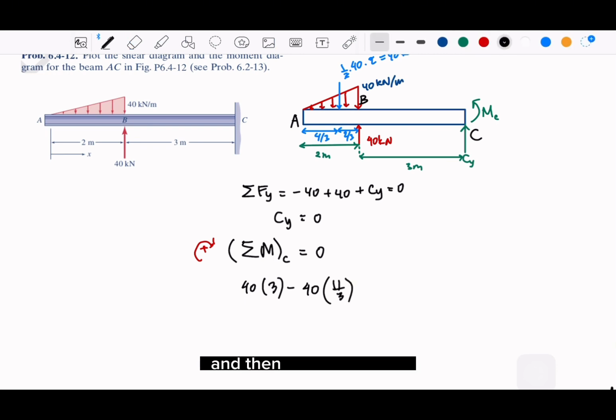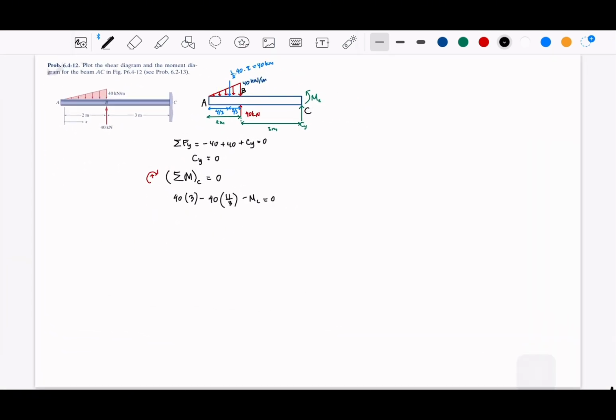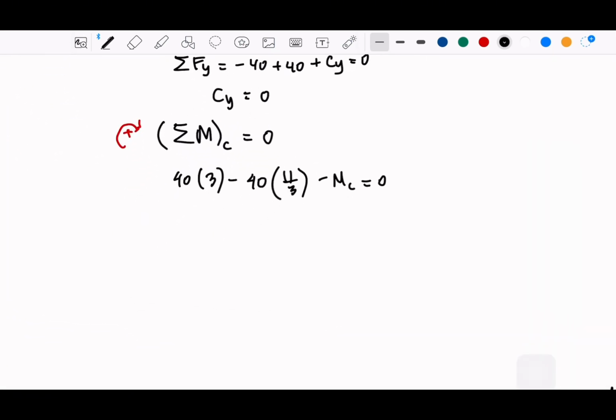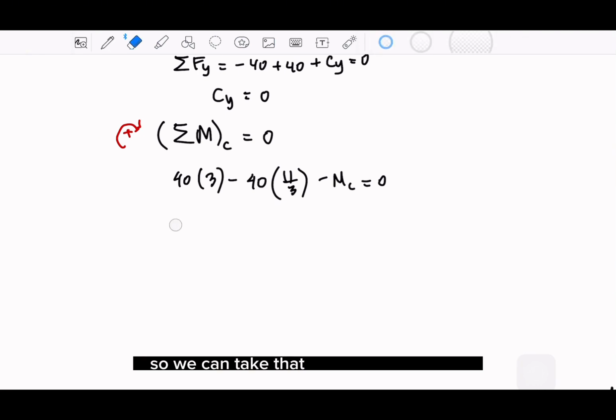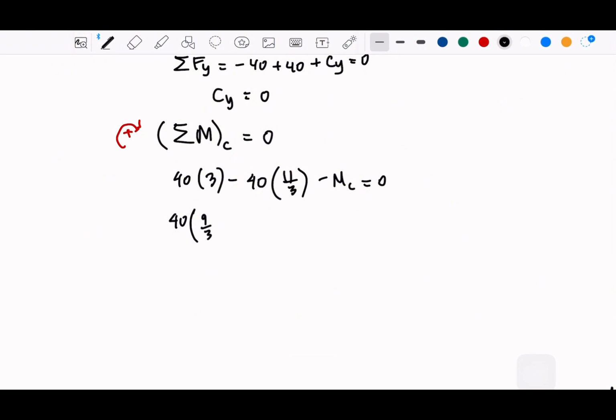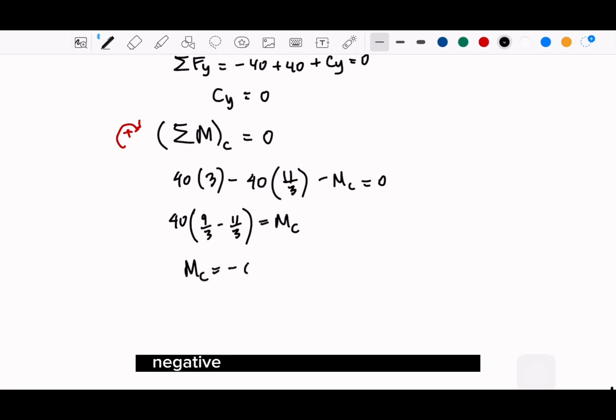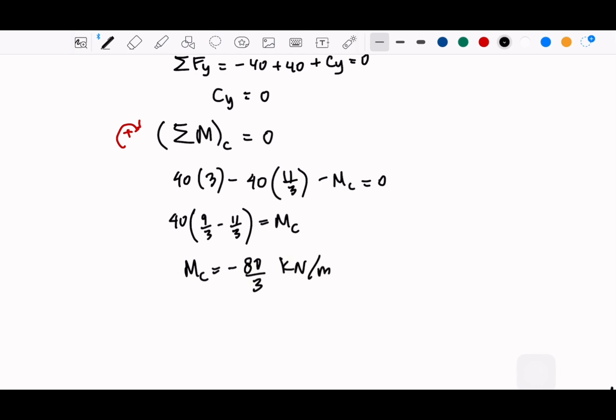And then minus MC is 0. So we can take that, so 40 times this, and MC is negative 80/3 kilonewton meter.